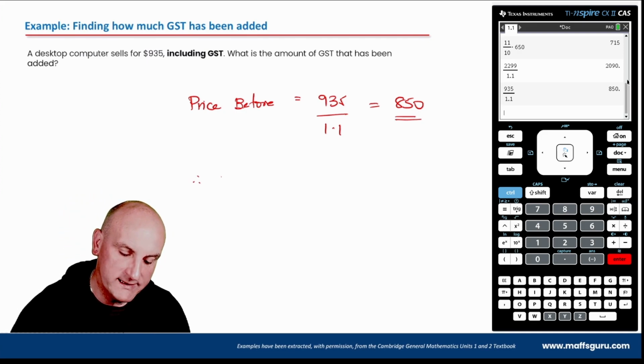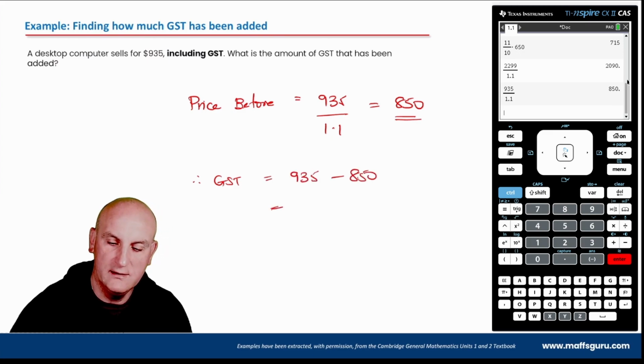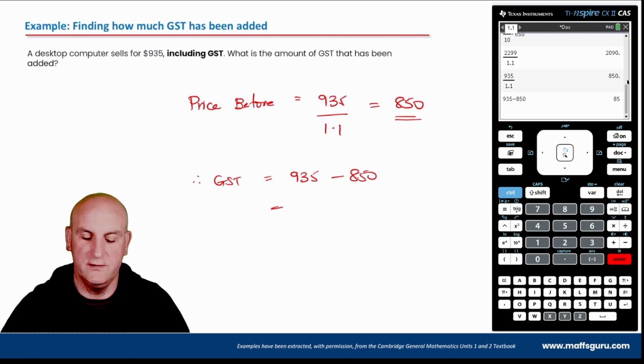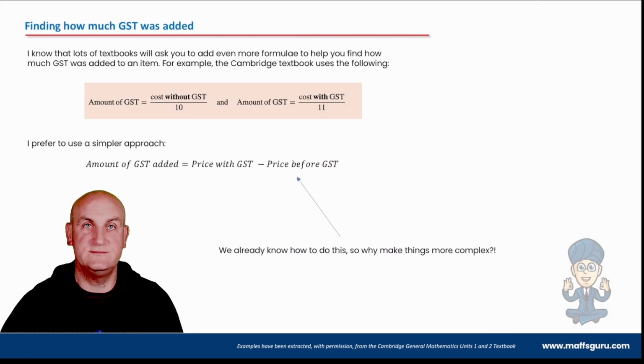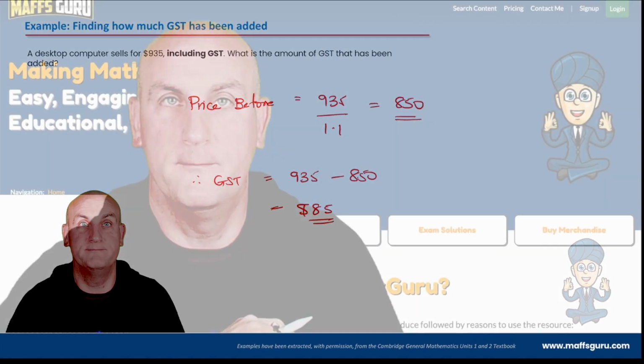So therefore, my GST must be 935 minus 850. So again, 935 minus 850 gives me $85. And again, there are obviously ways of doing that using this. I don't want to think about more and more formulas. I want to be able to find things the way that I've just done them.